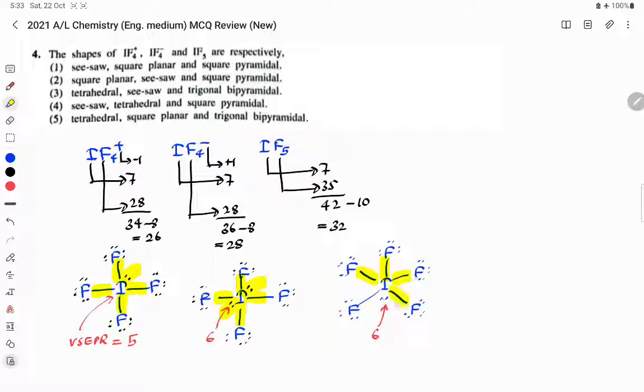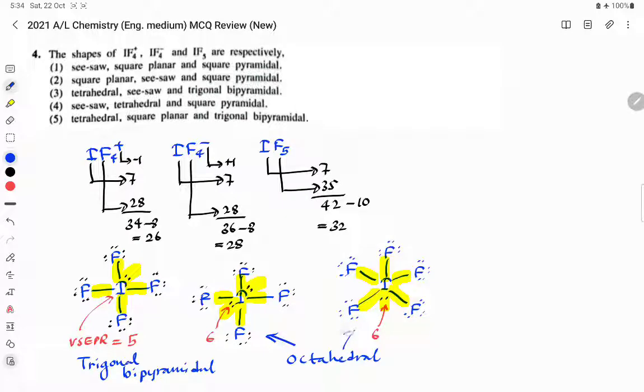Right, that means the geometries are, for 5 VSEPR units, trigonal bipyramidal. For 6, it's octahedral.